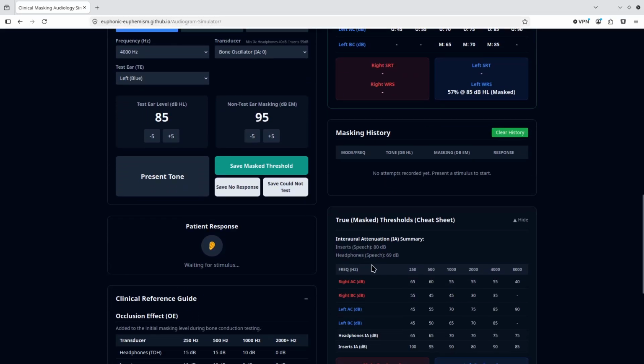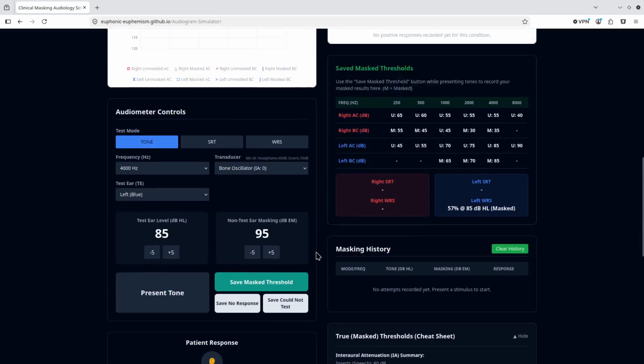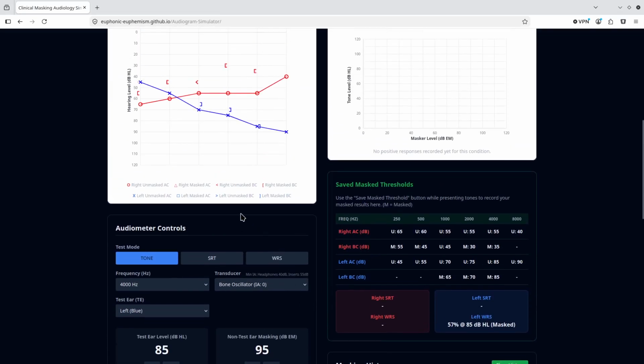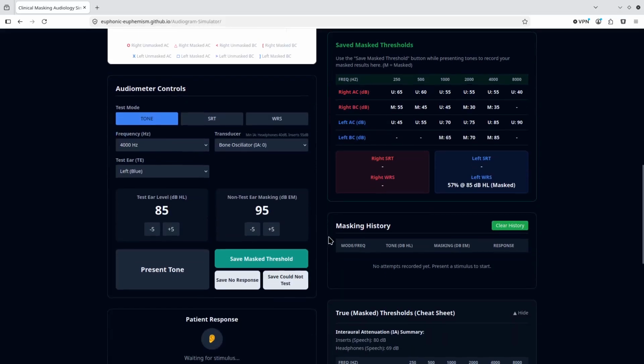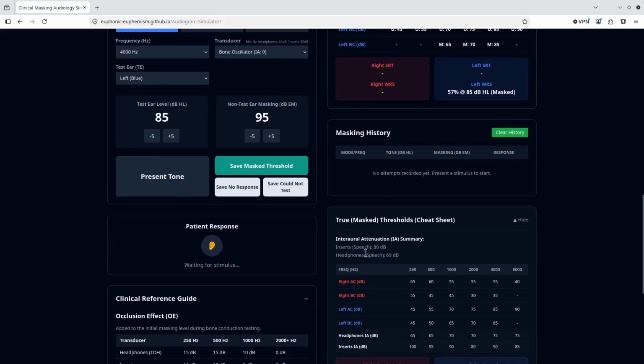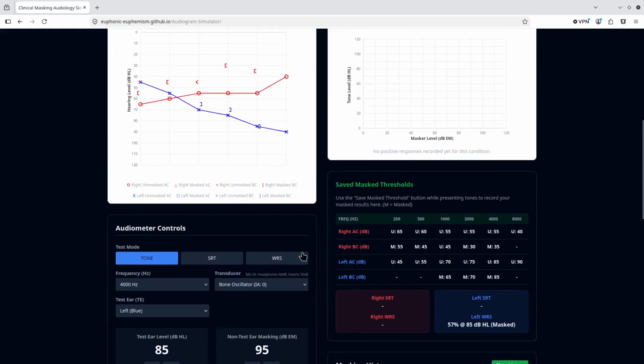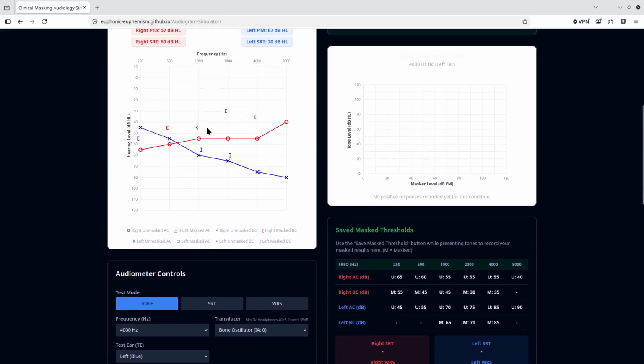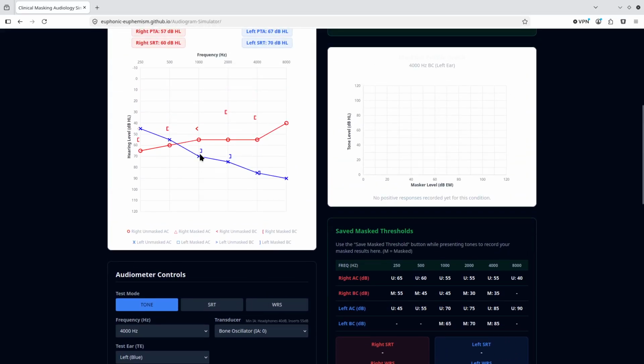Left ear bone conduction, if we had masked, would be 50, but we didn't need to mask there. So we'll skip over that one. And left ear, 65, 70, and 85 from 1 to 4. We got 65, 70, 85. We got the right answers for masked bone conduction.